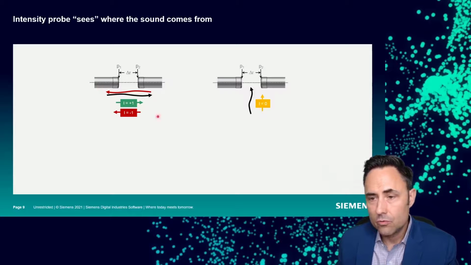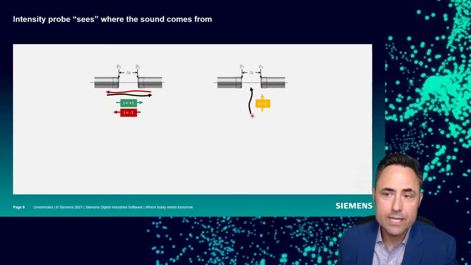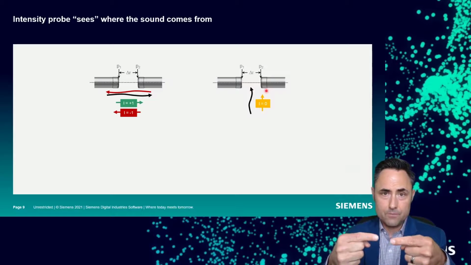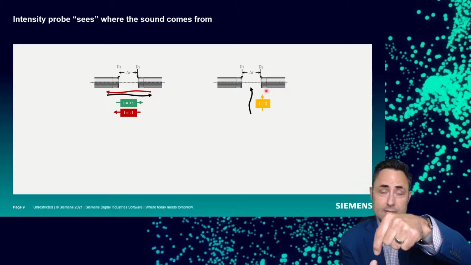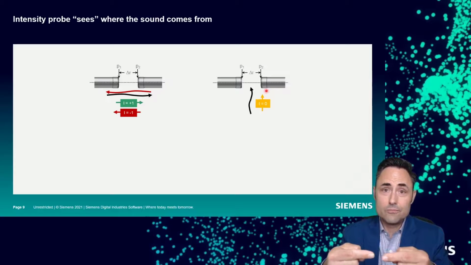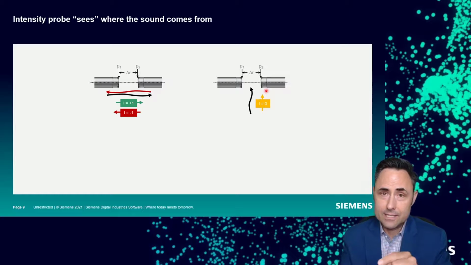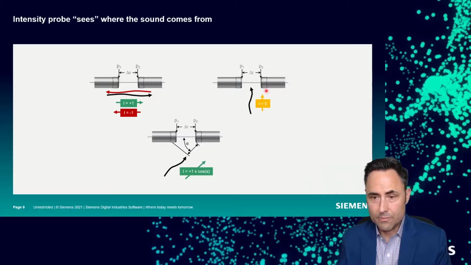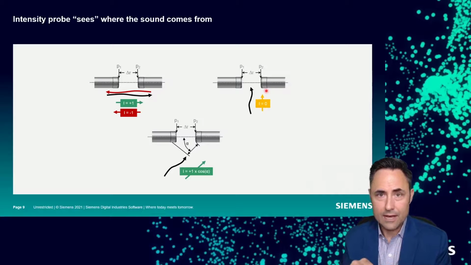If we have sound coming in 90 degrees to the axis of our microphones, the sound energy arrives at P1 and P2 at exactly the same time. So by definition, we measure zero intensity. Depending on whether I'm holding my microphone like this or like this, I might get the perfect answer or 0. So the orientation of our intensity probe is a big deal, because as we rotate it, we're measuring only a component of the correct value.